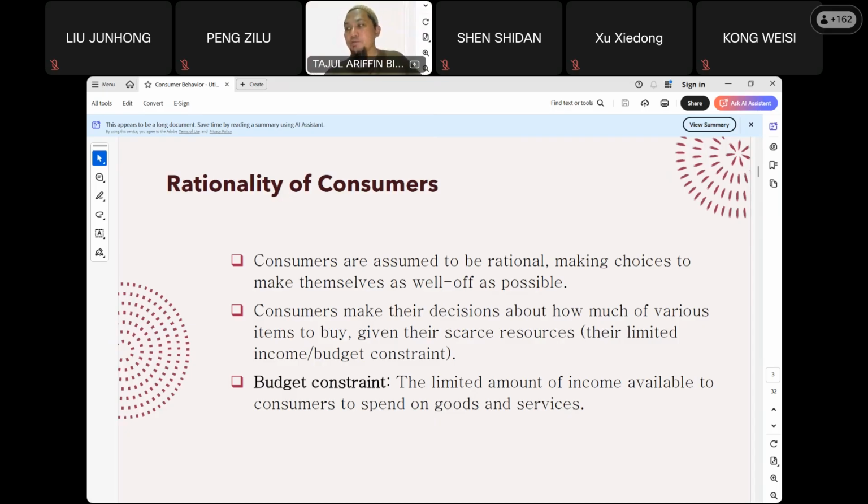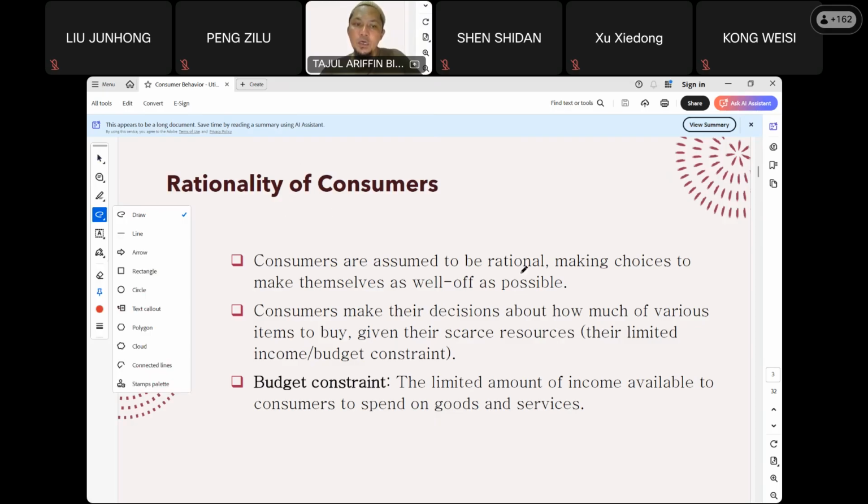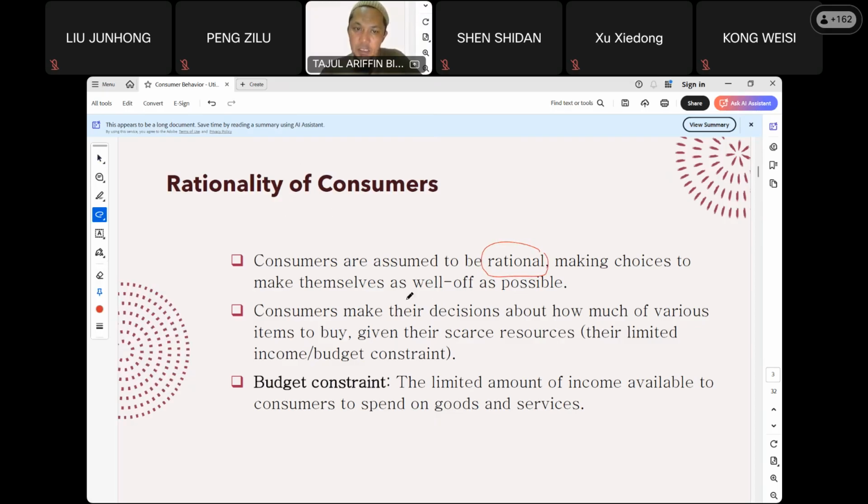For consumers, they are looking for maximum satisfaction, maximum happiness, maximum welfare improvement. For firms, they are looking for maximum profit. So that's why we assume consumers are always rational. In other words, they will make sure they are always well off, with the highest possible improvement.